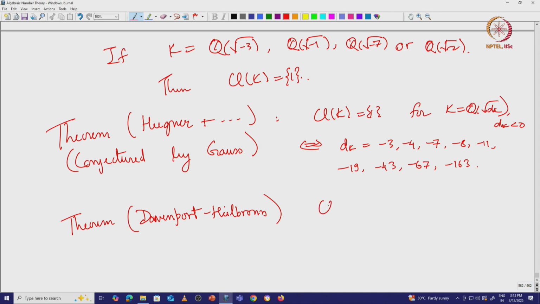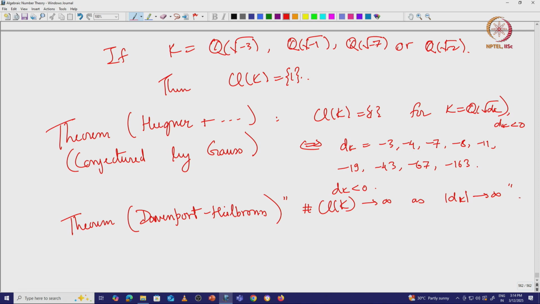So, this says that the order of the class group goes to infinity as mod of dk goes to infinity. Here dk is negative all the time, right. So, the class group keeps increasing, this is roughly how it can be stated.